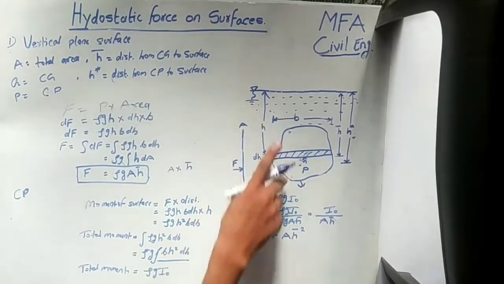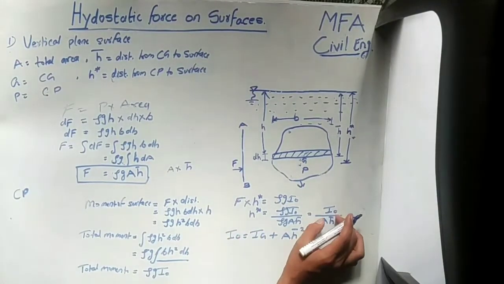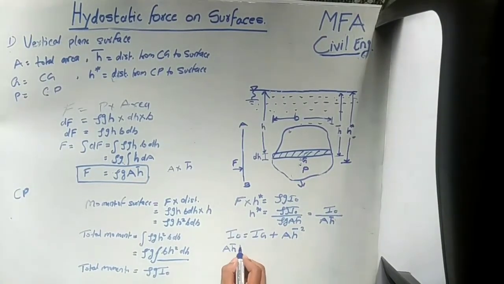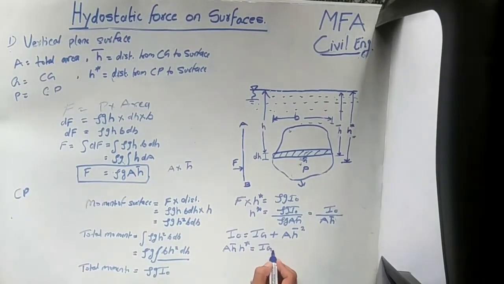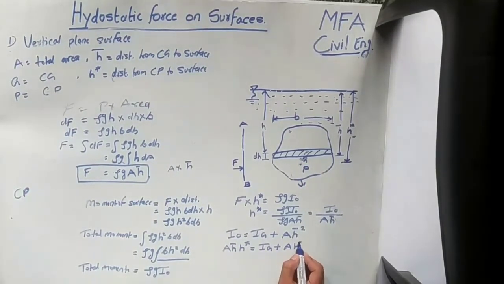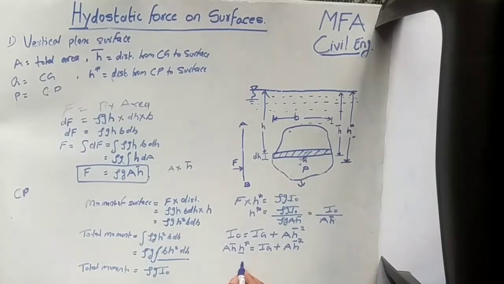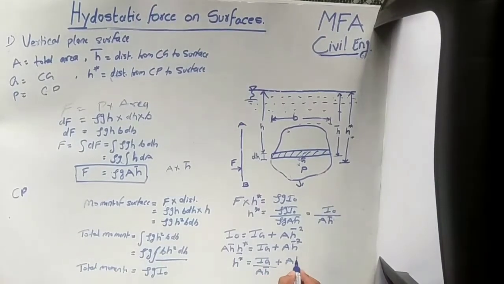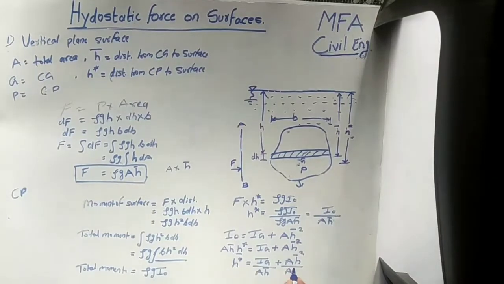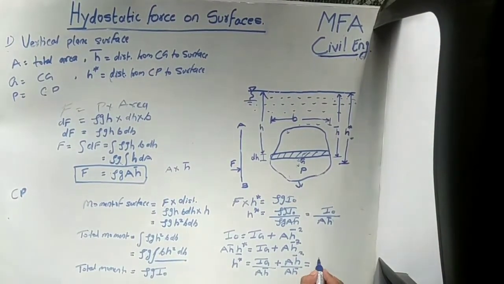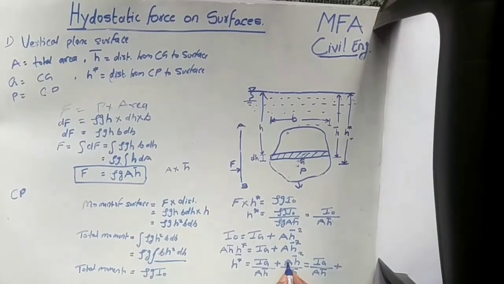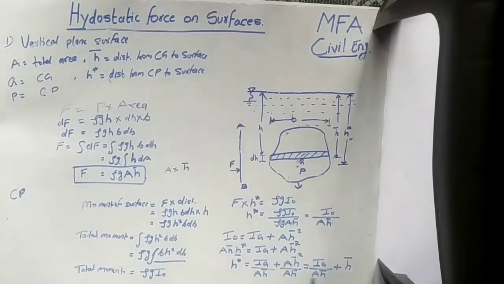Now h star is equal to Ig upon area into h bar, plus area into h bar square divided by area into h bar, which is equal to Ig divided by area into h bar, plus, as area and one h bar get cancelled, h bar.